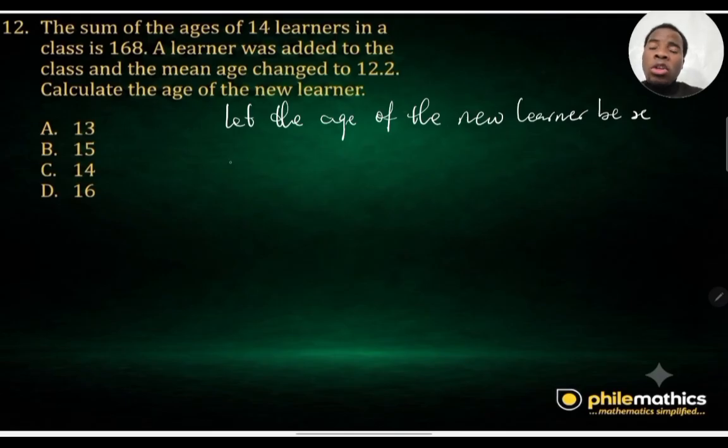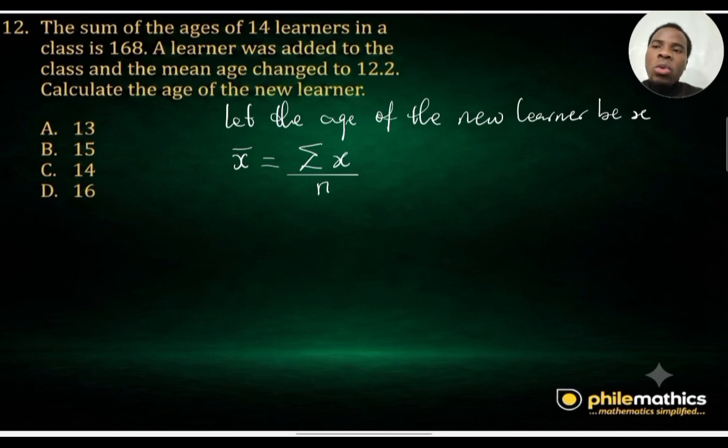From our knowledge, mean is simply the summation of the variables or the ages over the number of the learners. We are told that the sum of the 14 learners is 168.